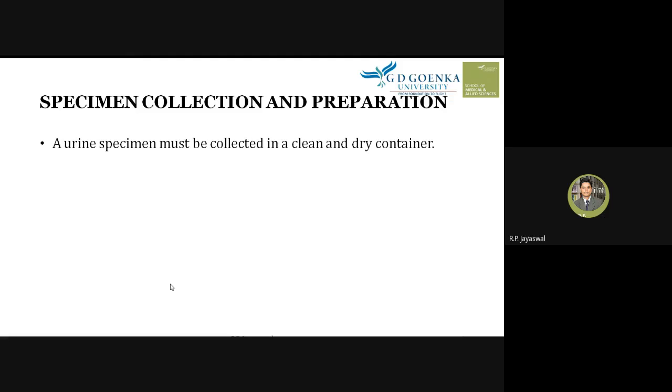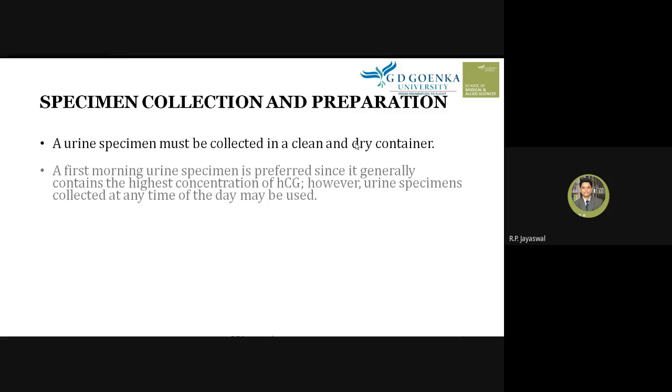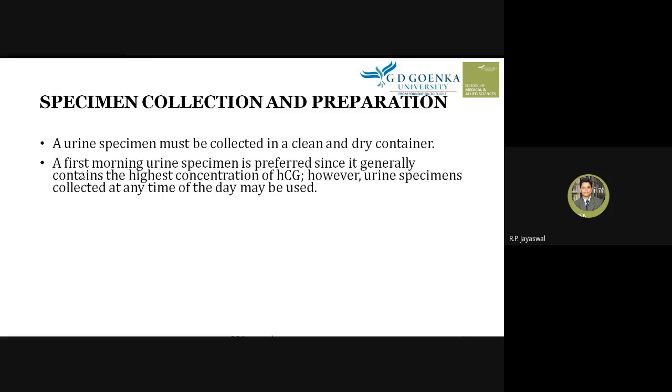Now, specimen collection and preparation. A urine specimen must be collected in a clean and dry container. Usually, the first morning urine sample is preferred since it generally contains the highest concentration of HCG. However, a urine specimen collected at any time of the day may be used.